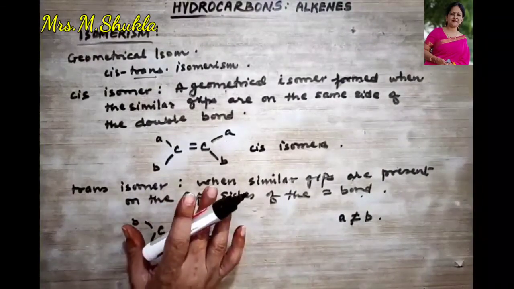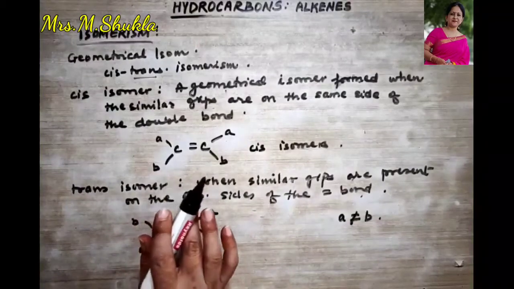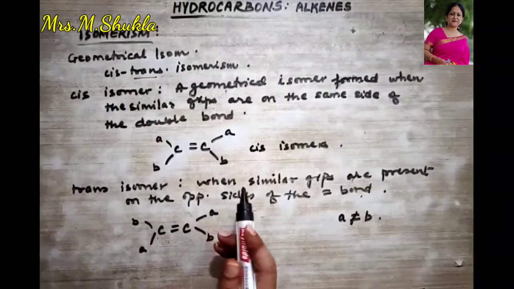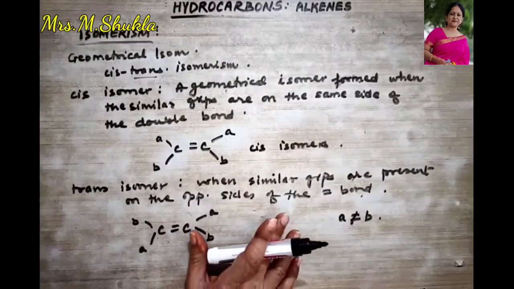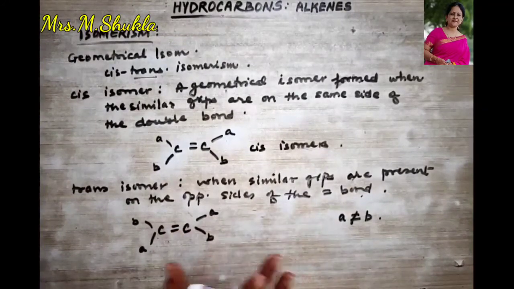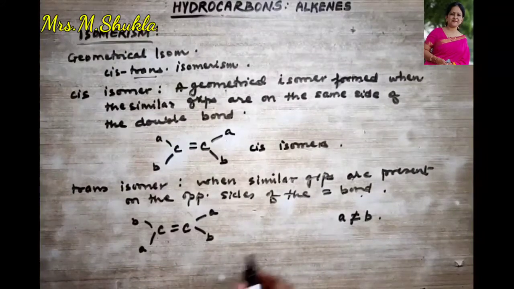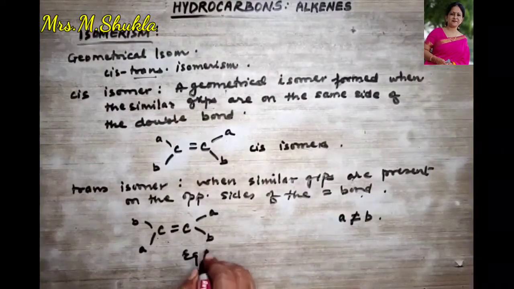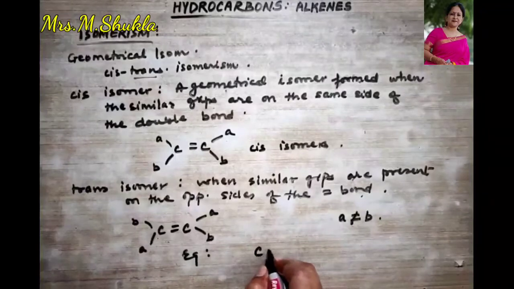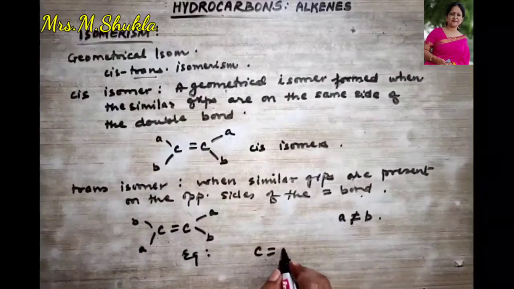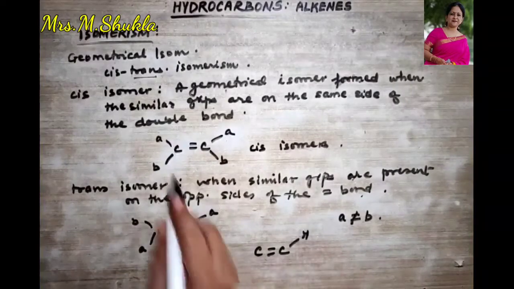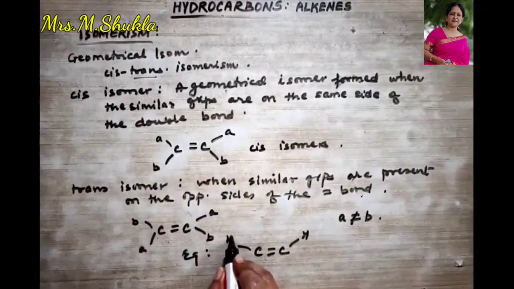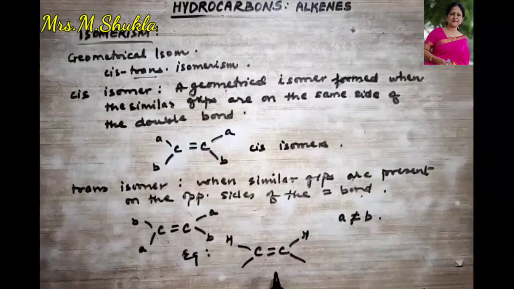Okay, before that, let me give you one example of cis and trans isomers. For example, if I want to form butene, I'm going to show you the cis and the trans form of butene. Like if I form a cis, how am I going to form this isomer? H, this should be same, H, okay, and this should be same.